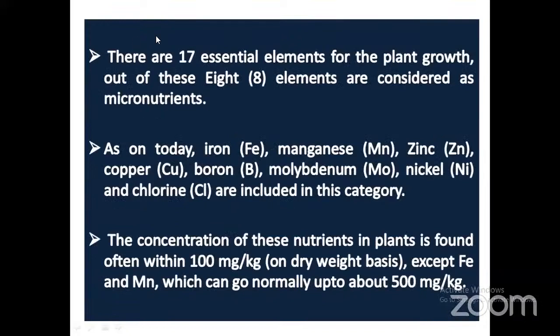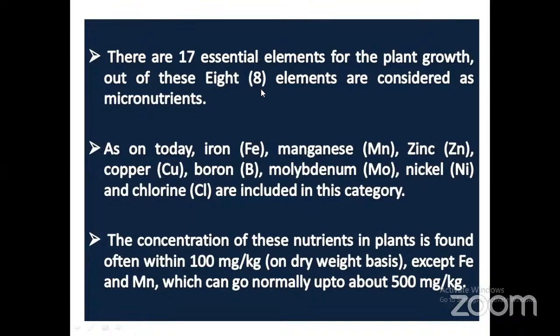As we all know, there are 17 essential elements as per the essentiality criteria given by Arnon and Stout in 1939 for plant growth. Out of these 17 essential elements, 8 are considered micronutrients.